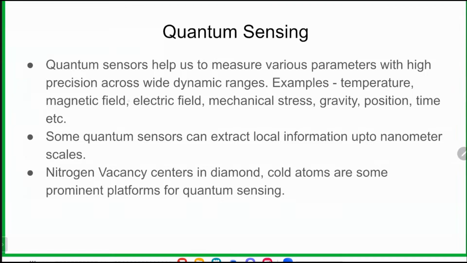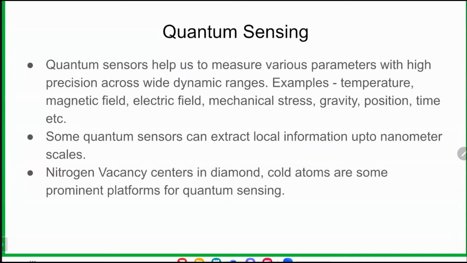The sensor can give you very precise values of the magnetic field, but not only can it give you the values of very small magnetic fields, it can operate up to very large magnetic fields. So across a very wide range of magnetic fields, it can give you very precise measurements.